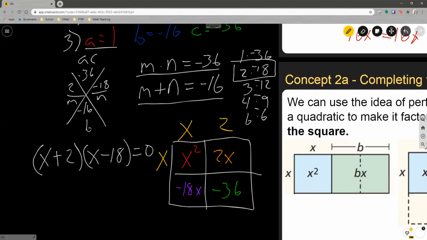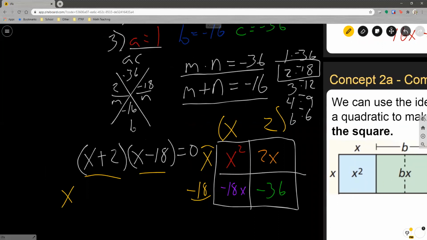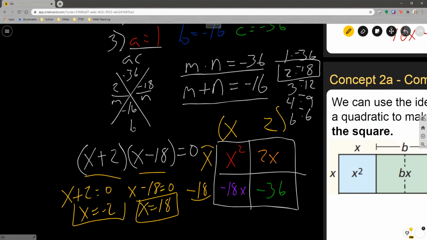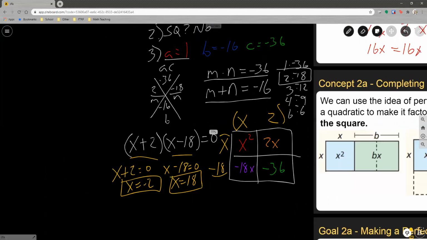This is going to be a 2 over here, and this is going to be a -18. And again, we get our factors that we had over here. And if I want to solve, x plus 2 equals 0, so x equals -2. And x minus 18 equals 0, so x equals 18. Done and done. We've got everything we need.